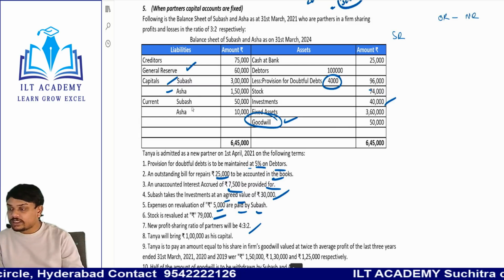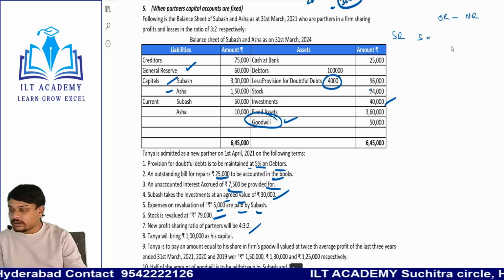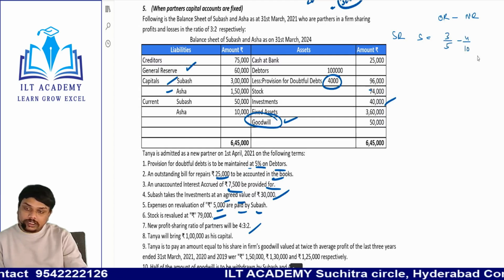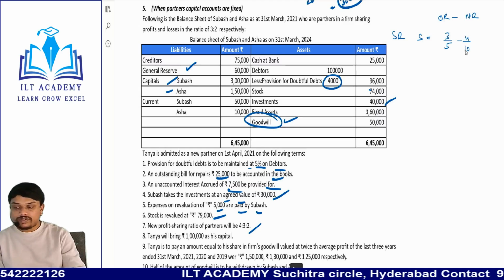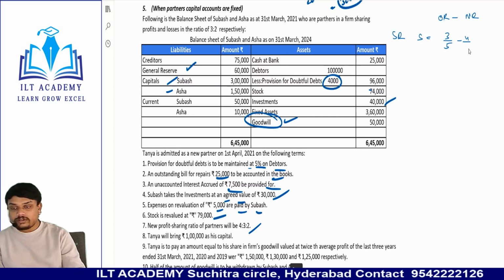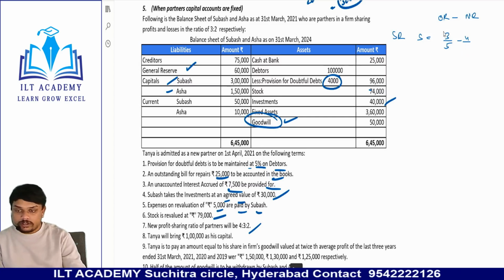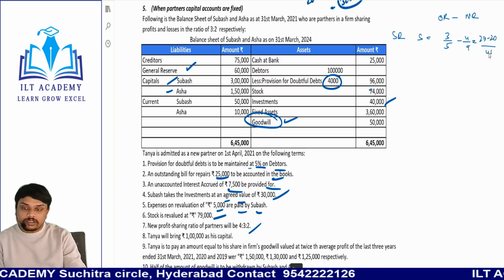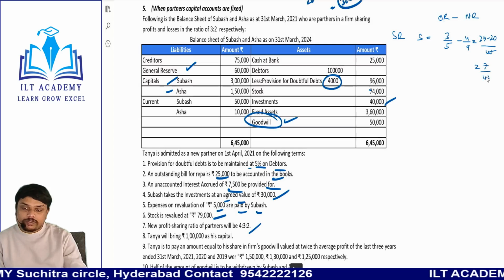Sacrificing ratio of Subhash: 3 by 5 minus 4 by 9, which is 27 minus 20 divided by 45, which is 7 by 45.